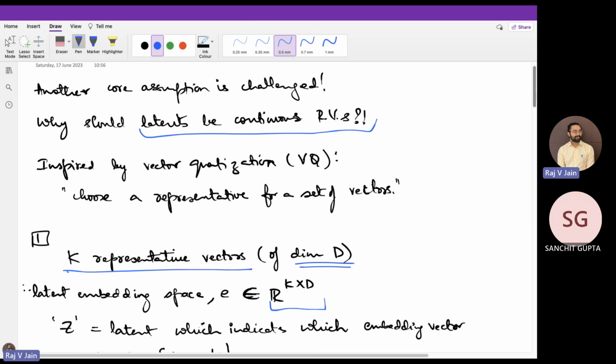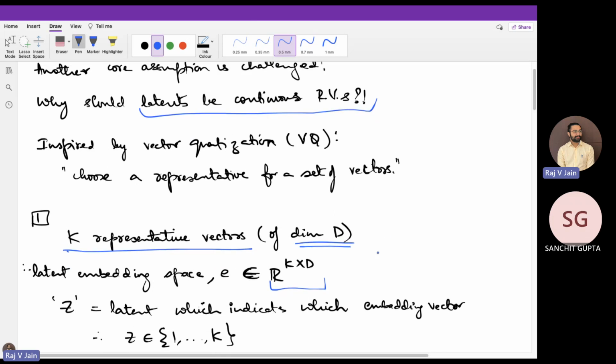We'll come to how to generate. So z is a discrete latent variable which takes 1 to k values, one-hot sort of thing. The point of this z is it will tell you which embedding vector you should choose from these k representative vectors.